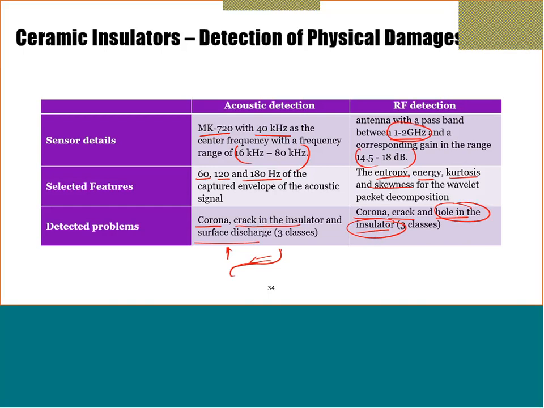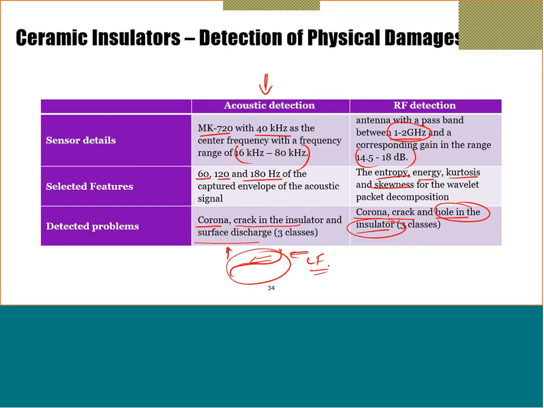Why? Because the hole inside the insulator, the signal that comes out of it, the ultrasonic will die off. It is very hard to measure it. And this is one of the disadvantages of using the ultrasonic sensor. On the other hand, here, we did not try to measure the dry band or the surface discharge because of pollution, because this is a low frequency phenomenon.